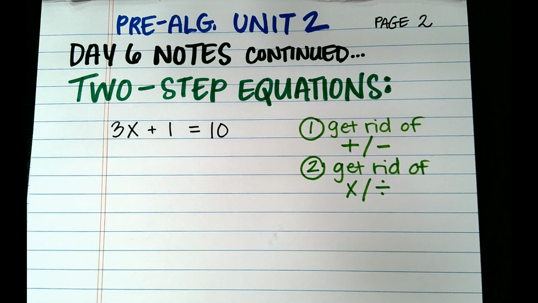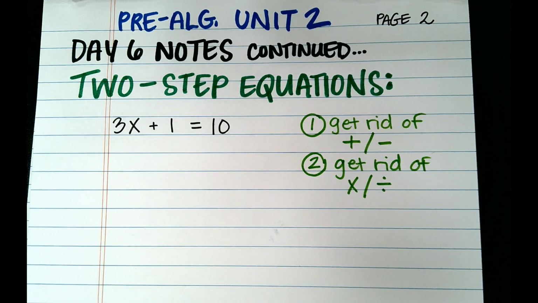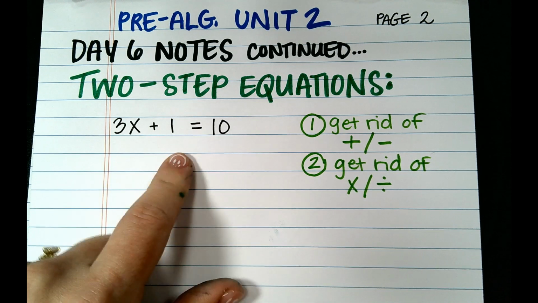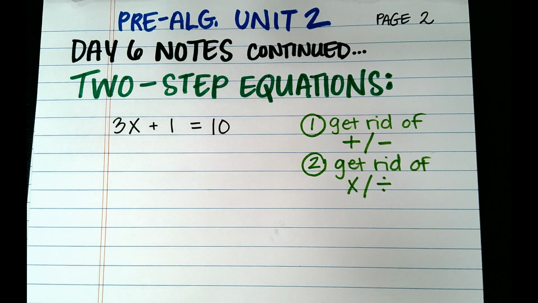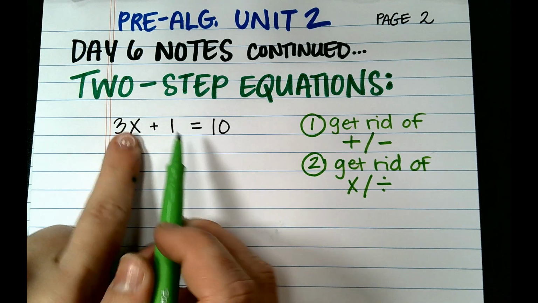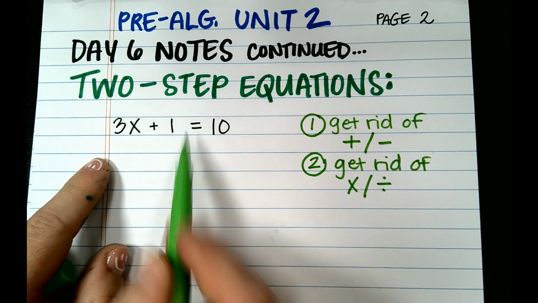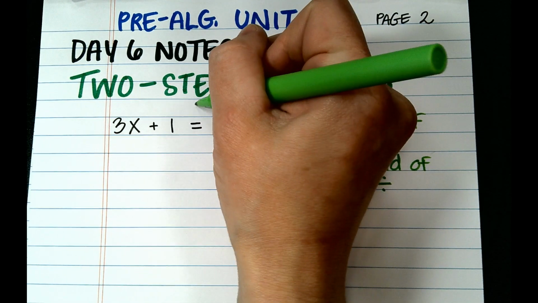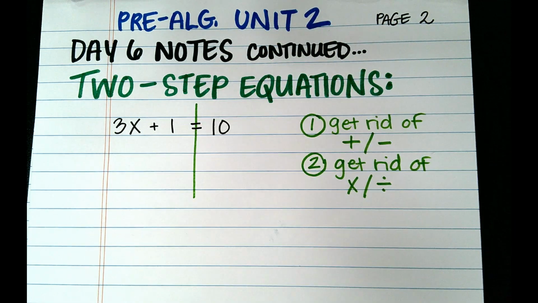So those are our 2 steps. Now, when we get to 2-step equations, this is where I really would encourage using the line to separate your equal sign, because it starts to get a little bit more messy when you have more than one step.